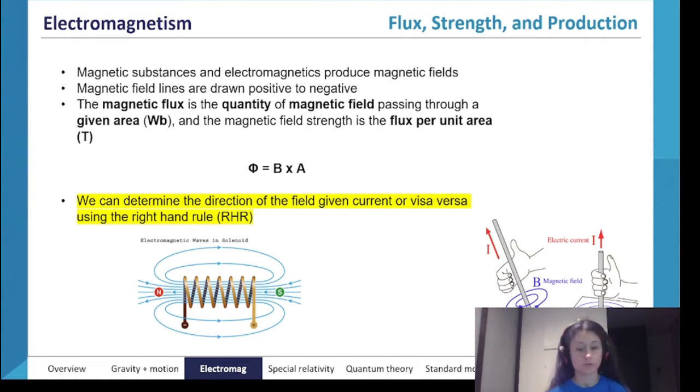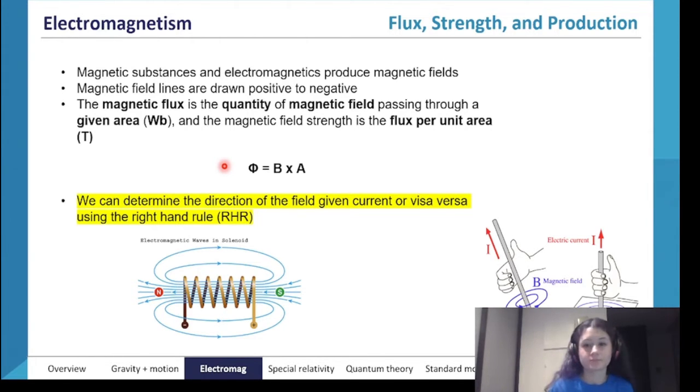And this is, of course, why the magnetic field strength is the flux per unit area. So, the magnetic flux is given by the magnetic field strength multiplied by the area, of course.